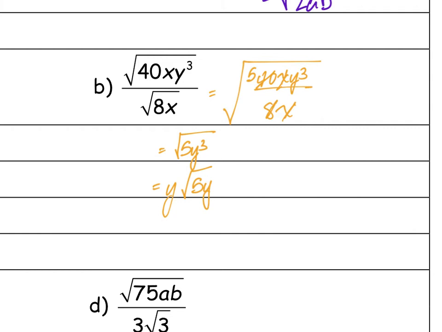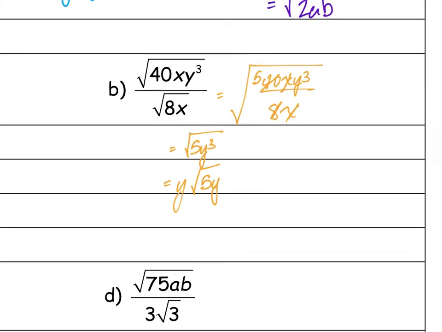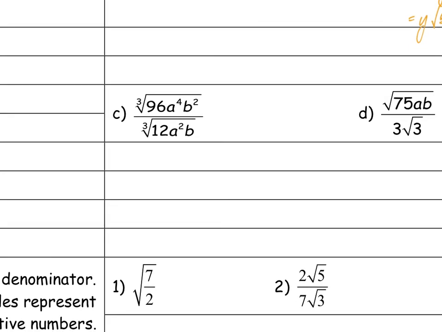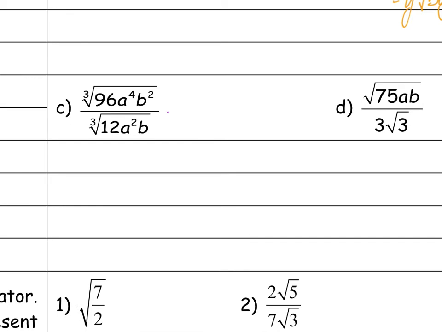Okay. Nice skips. This one I can rewrite as the cubed root of 96a to the 4th b squared over 12a squared b. And 12 goes into 96 8 times.